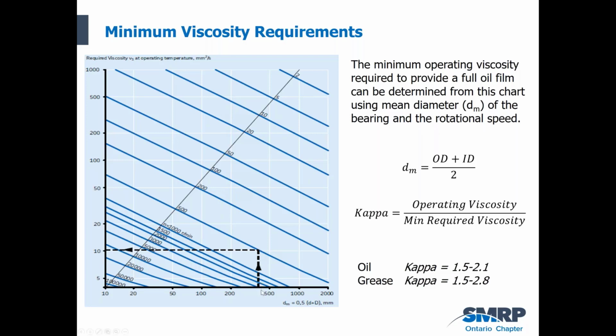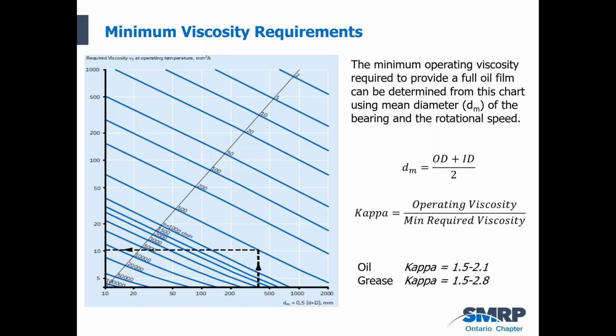So in this case, if our DM is 400, the shaft is rotating under operating conditions at 500 RPM. Go straight up, we meet the line, and then we go to the left. And you can see there in this example, we read off that the minimum viscosity requirement is 10.